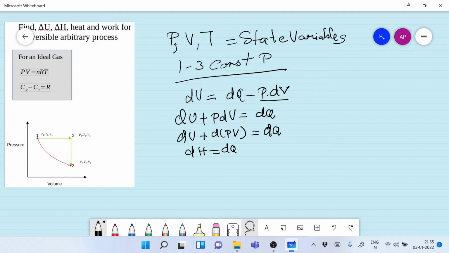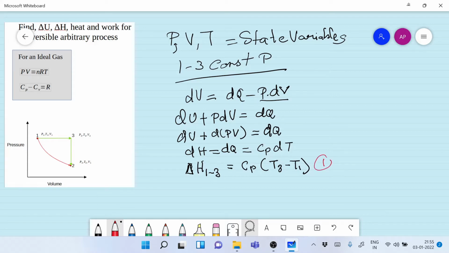Therefore, the heat absorbed in process 1 3 is Cp dT, and the change in enthalpy for process 1 3 is Cp into (T3 minus T1). Let us write this as equation number 1.